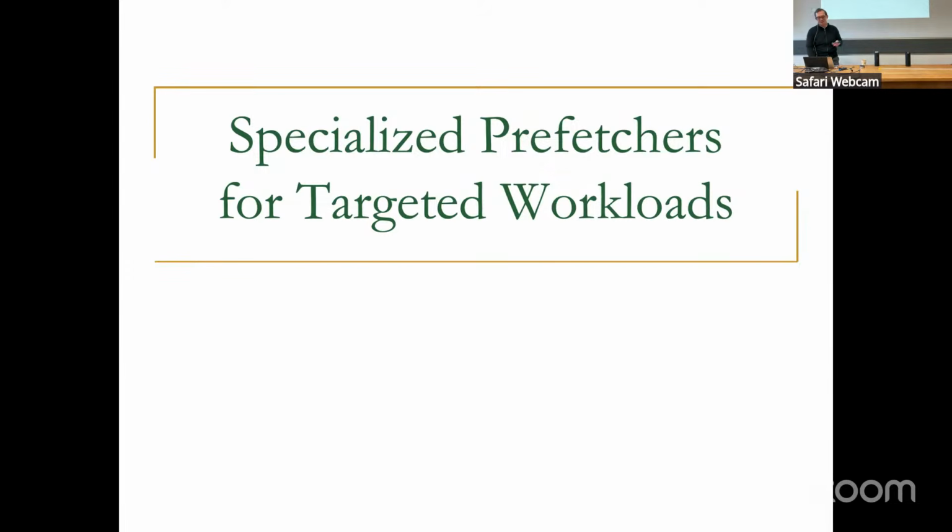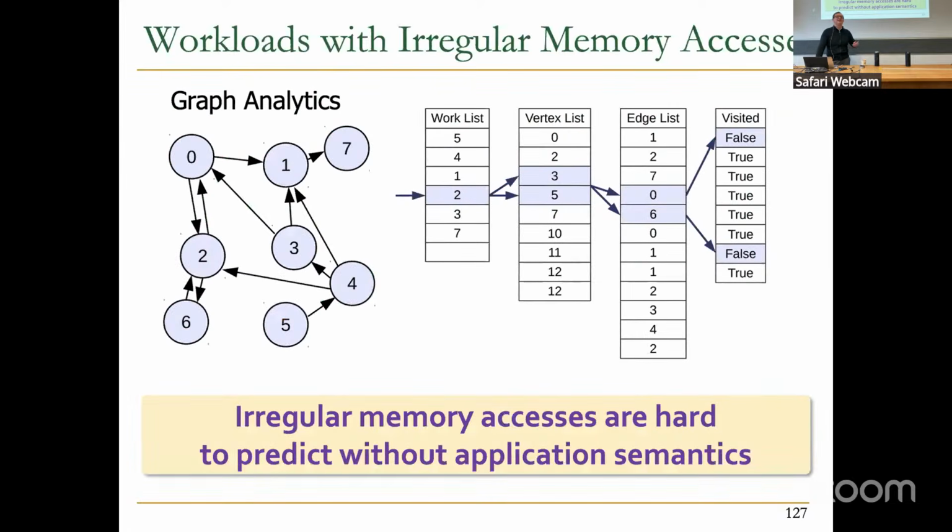I'm going to give you a couple of examples. Graph analytics is one where people have tried to prefetch things, because this has very irregular memory access patterns that are hard to predict without knowing the application semantics or the graph structure. And people have tried to communicate both of those to the underlying hardware. For example, if you start going through this work list, this is the kind of thing that you're going to traverse.